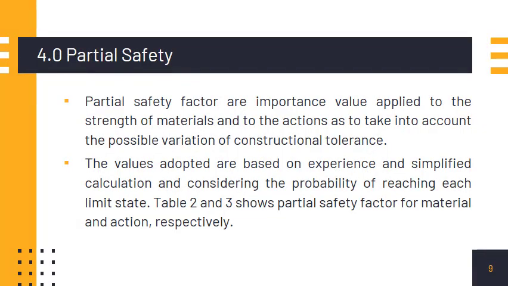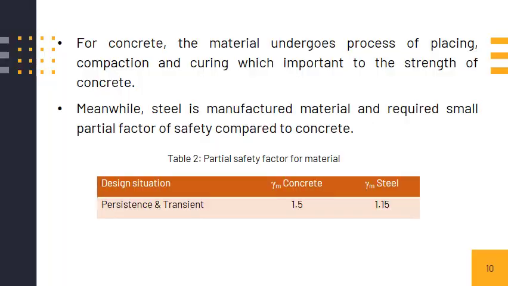Partial safety is an important factor need to be included in material as well in action. We cannot take exact material strength or exact action without include its safety factor. Table 2 shows the safety factor for concrete and for steel, as these two materials comprise in reinforced concrete.